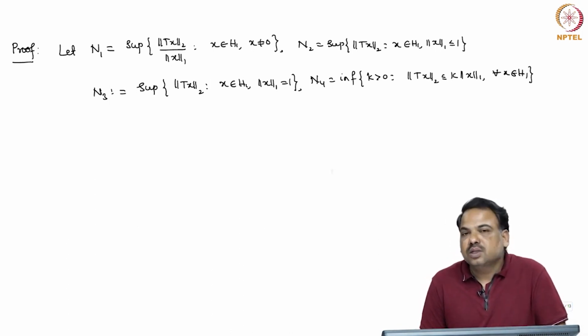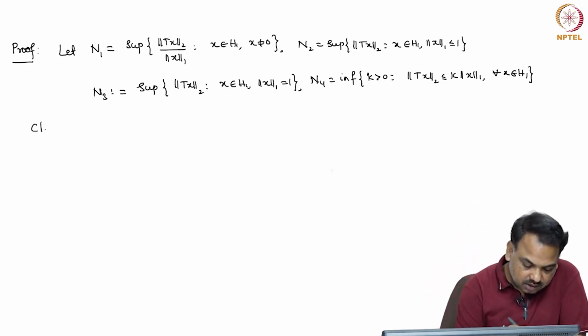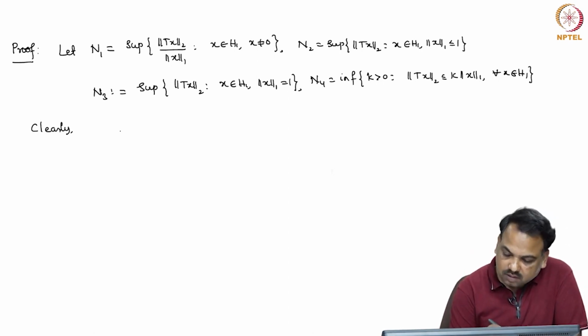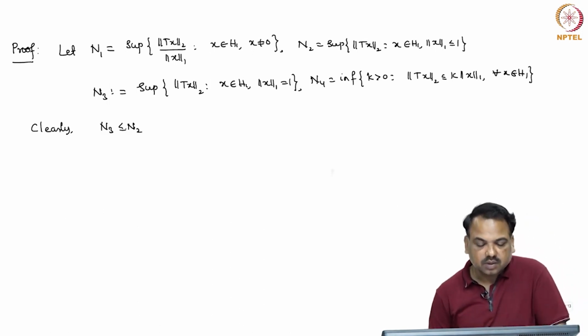The closed unit ball is bigger than the sphere, so clearly we can see that n3 is less than or equal to n2.